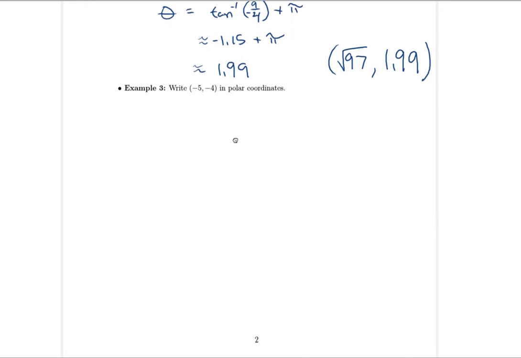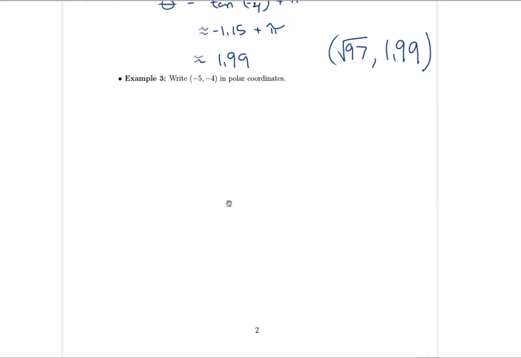So we've got the point negative 5, negative 4. Again, we'll sketch what that looks like. So negative 5, negative 4. That's the point we're searching for. So r squared is negative 5 squared plus negative 4 squared.